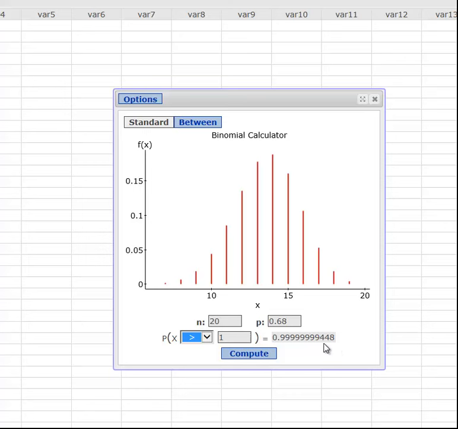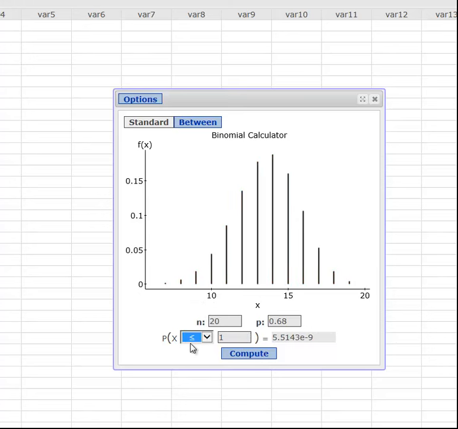Part C was at most 1. We can get this from the calculator using the cumulative distribution function, which is the sum of the probability x is equal to 0 plus the probability x is equal to 1. StatCrunch has the less than or equal to option also.